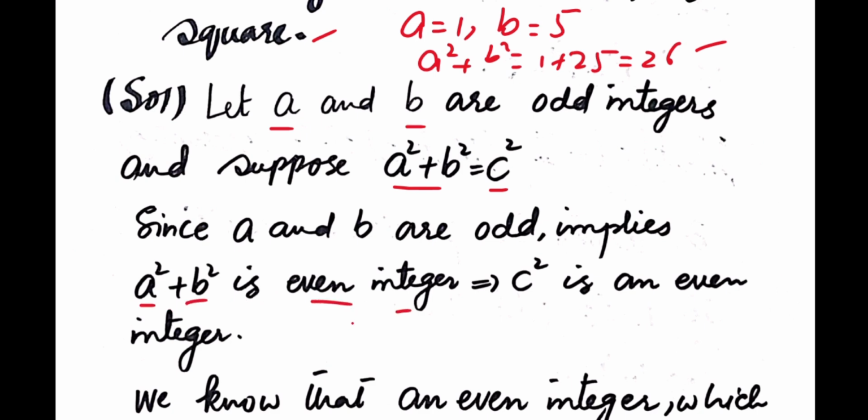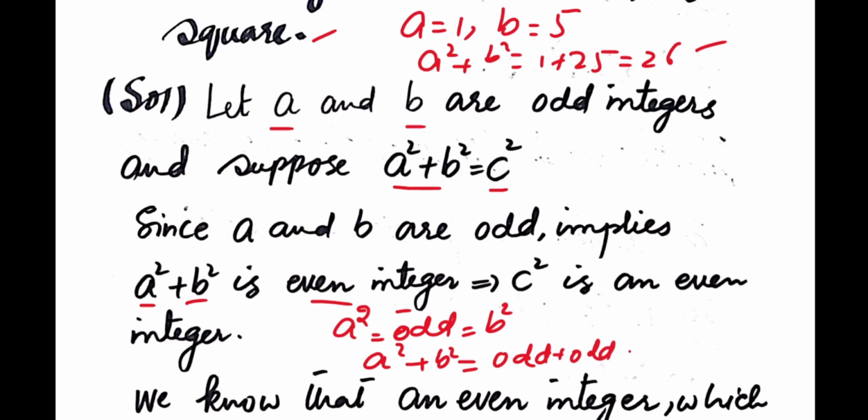If a is odd, then a² will be an odd integer. Similarly, when b is odd, then b² is also an odd integer. And their sum a² + b² is equal to odd integer plus odd integer, and the sum of two odd integers is always an even integer. So if a² + b² is equal to c², it means c² is an even integer.